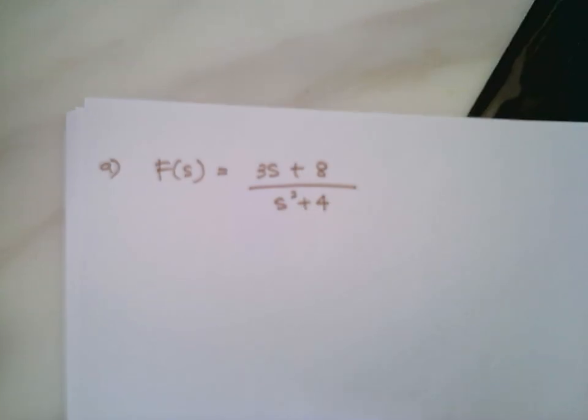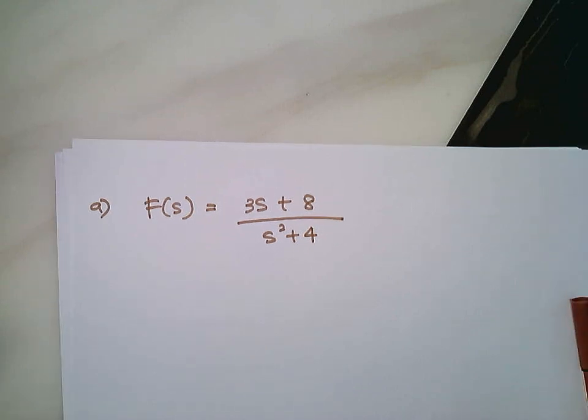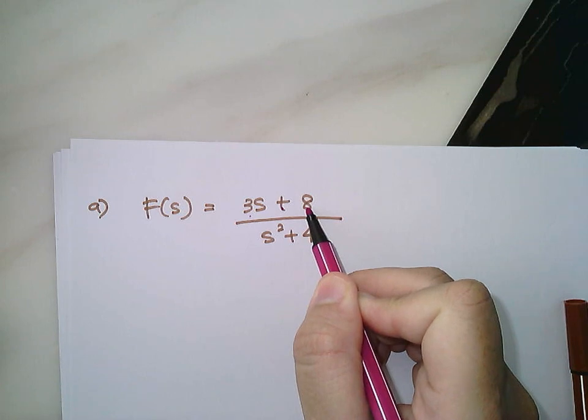Let's take a look at the first example here. We are going to find the inverse of this Laplace transform. The first step is you need to split this one into two functions. How do I know that I have two functions? Because you have this first term plus the second term.